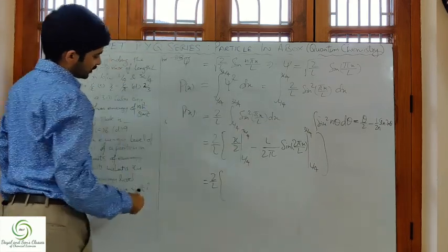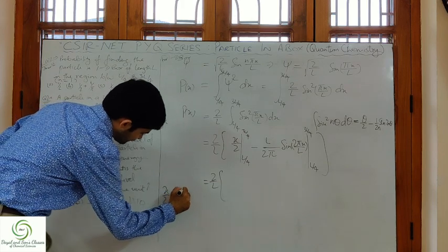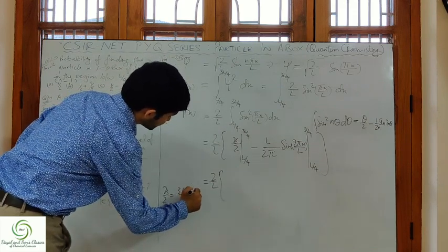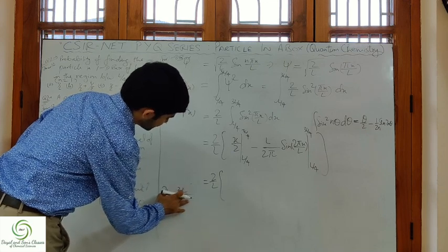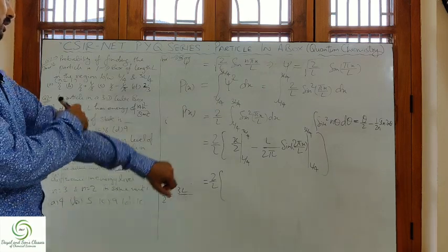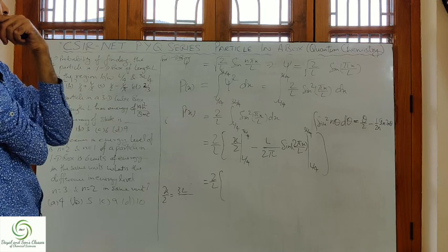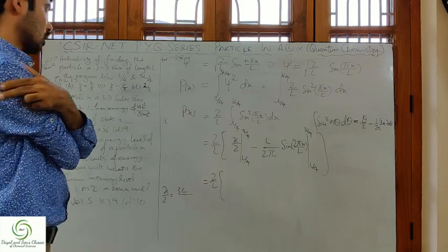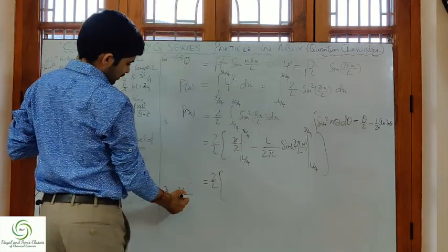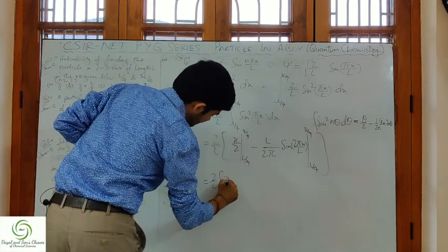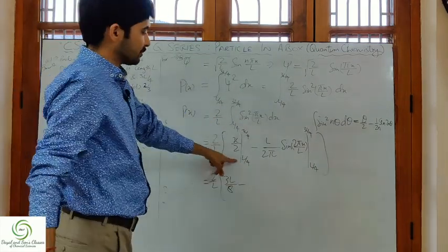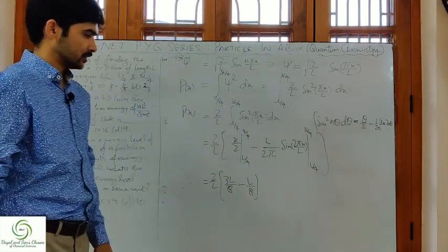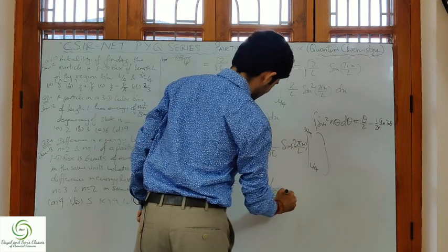We get 3L by 8. Minus, now when we put L by 4 in x by 2, we get L by 8. Minus L by 2 pi.